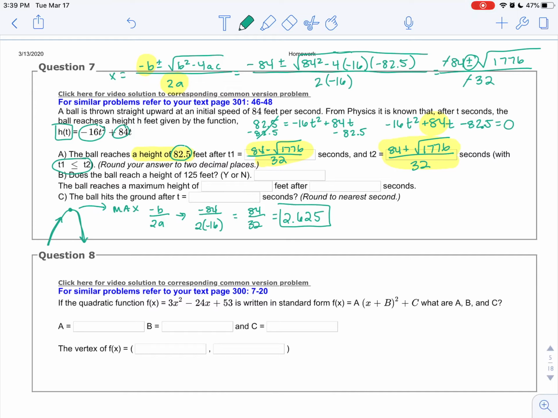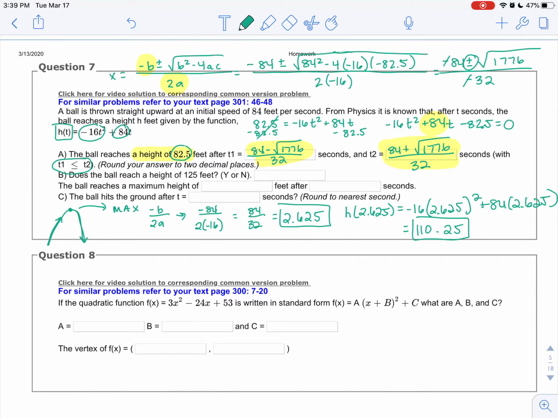And that would be my x value, which is time, so I'm going to reach my high point at 2.625. To find my y value I need to plug this in, so h of 2.625 equals negative 16 times 2.625 squared plus 84 times 2.625, and I get 110.25.